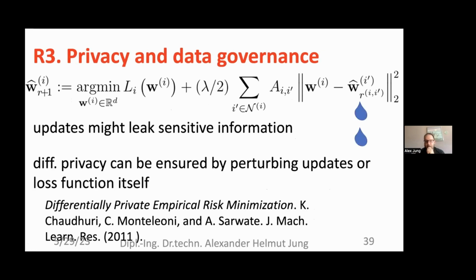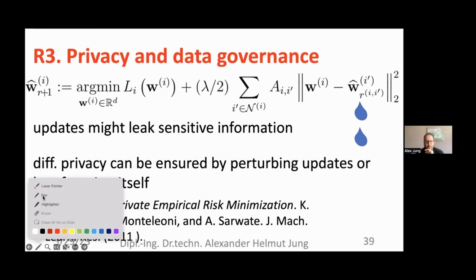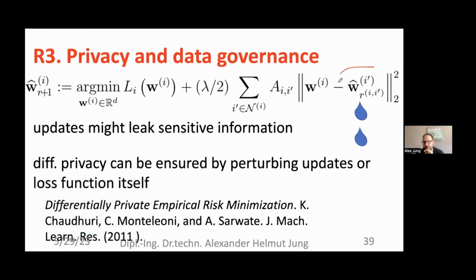So maybe I'll skip this here. Yeah, briefly mentioning this requirement for privacy and data governance. In this update for the FedRelax algorithm, you see that we use information from other nodes. When we use the model parameters from the other nodes to form this regularization term, we might leak information to other nodes. And there I just found a very relevant paper.